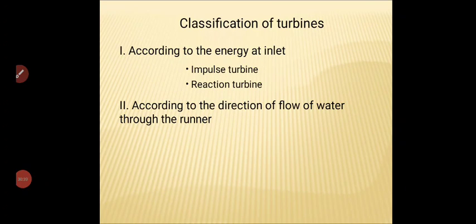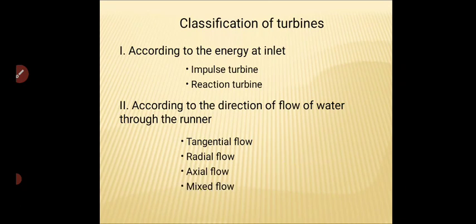And according to the direction of flow of water through the runner, there are tangential flow, radial flow, axial flow and mixed flow. Example for the tangential flow turbine is Pelton wheel. Radial flow, there are again two types, inward radial flow turbines and outward radial flow turbines.